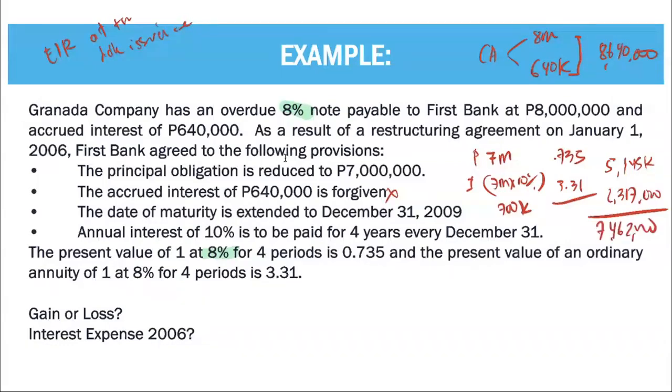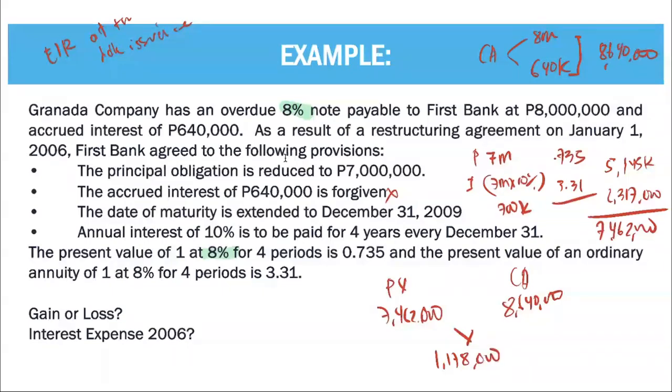So we need to compare already. The present value of the new terms is 7,462,000, and the carrying amount is 8,640,000. What is the difference? 8,640 less 7,462, 1,178. Okay. Gain or loss.